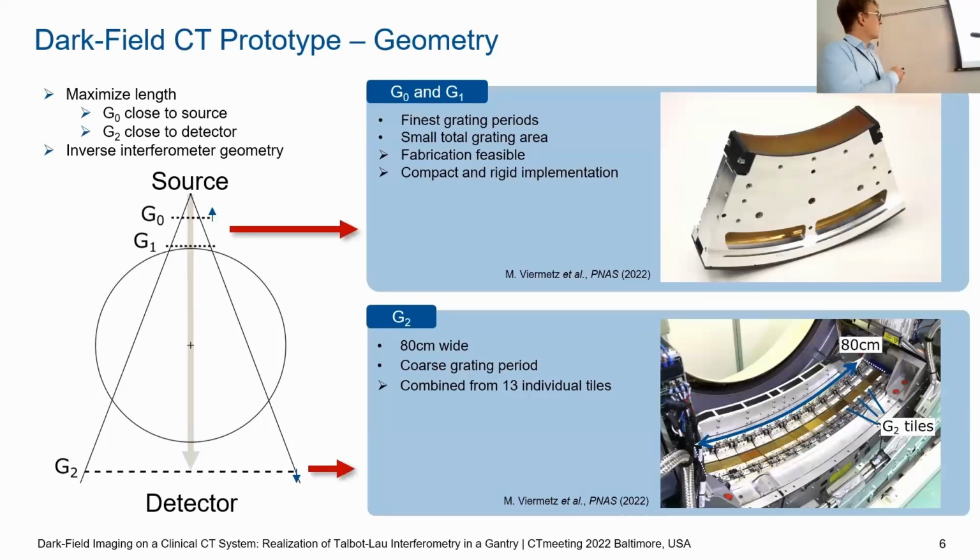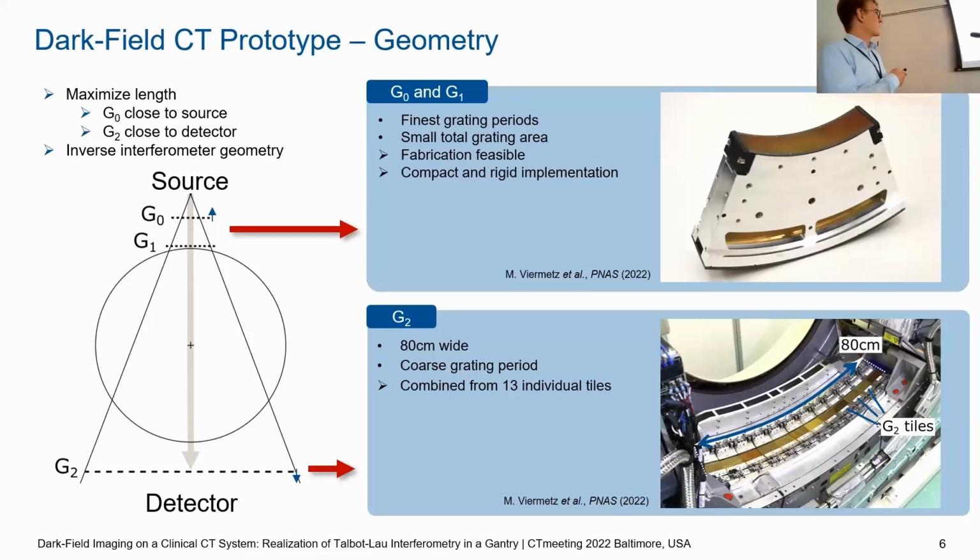But then the remaining grating, this G1 grating, can either go in front of the patient or behind the patient. And there we found that positioning it in front of the patient on the source side gives us several advantages. This geometry is then called the inverse interferometer geometry.